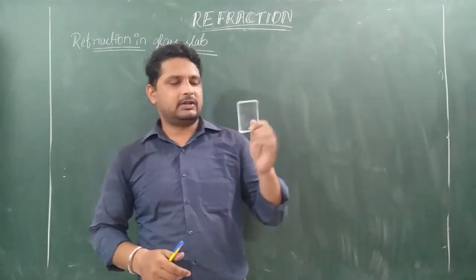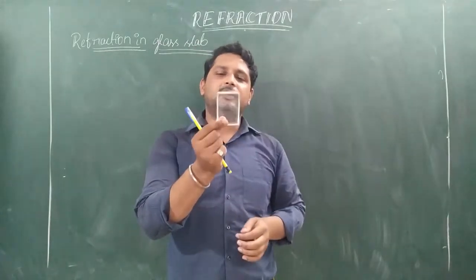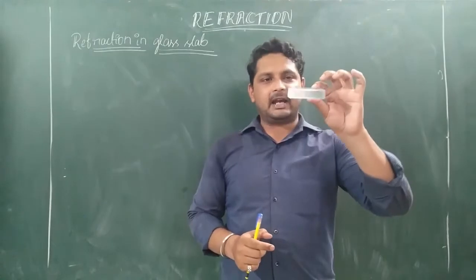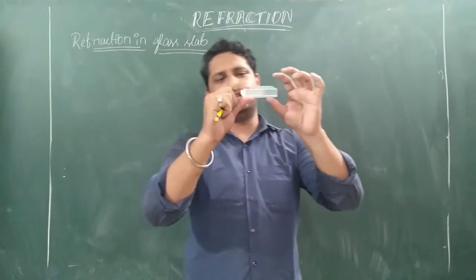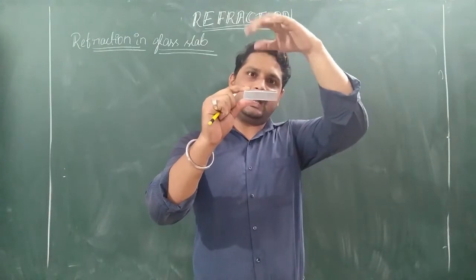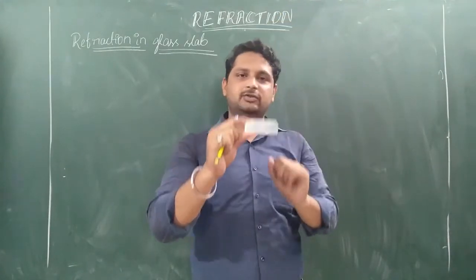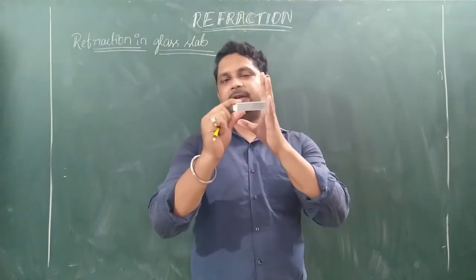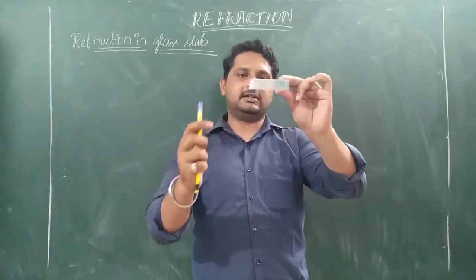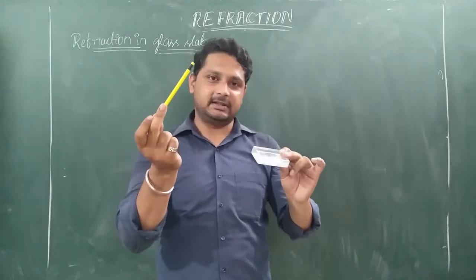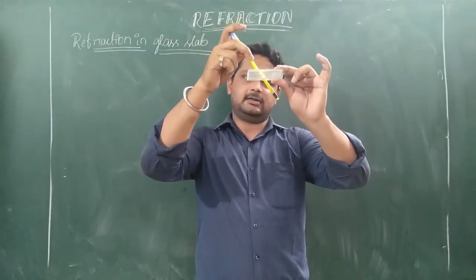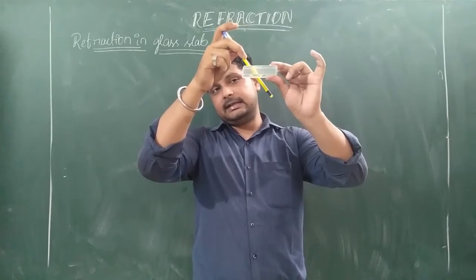What's in my hand is a rectangular glass slab, made up of glass. It has some thickness, so the light ray will move from air into the glass, then again to air. So there will be refraction in two places, in this surface and also in this surface. Just see how the image of this pencil looks.